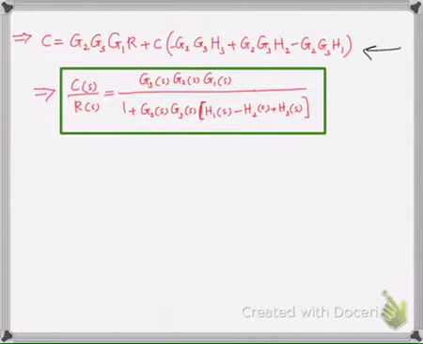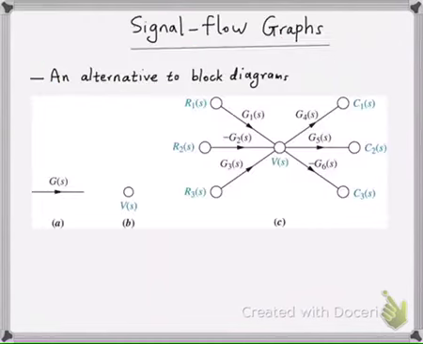And if you factor, basically you just have to bring the C to the left hand side, and then when you divide C by R, it's just going to be G1, G2, G3 divided by 1 plus this whole thing. That now gives you the equivalent transfer function for the entire system. So really this is, of course, much more simplified than the interconnection of those multiple subsystems.